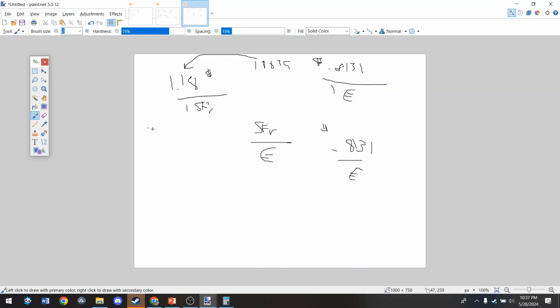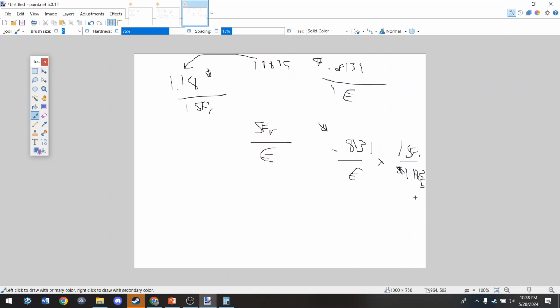And these dollars are going to cancel because we're going to have another thing that's something over dollars. And so that's our 1.1835 under 1 SFR, so that will get our dollars to cancel.